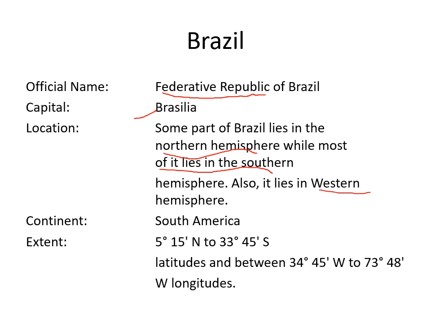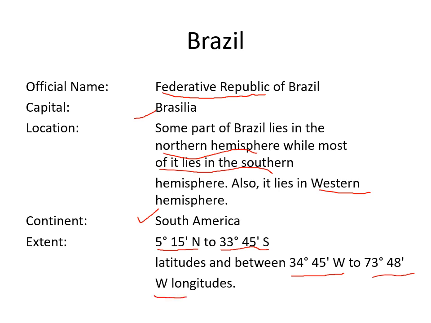Children, the continent in which this country lies is South America, and Brazil lies between the latitudes 5 degrees 15 minutes north to 33 degrees 45 minutes south. Whereas the longitudinal extent of the country is 34 degrees 45 minutes west to 73 degrees 48 minutes west longitude.